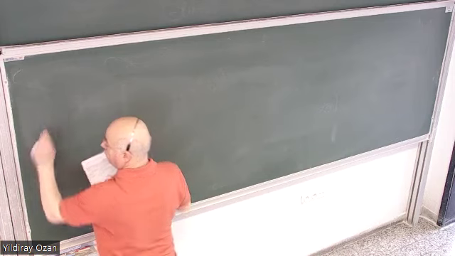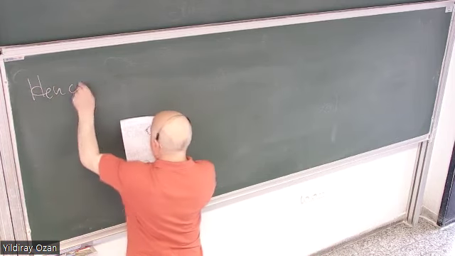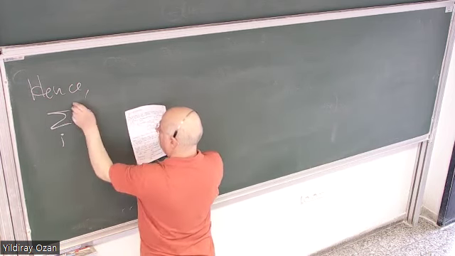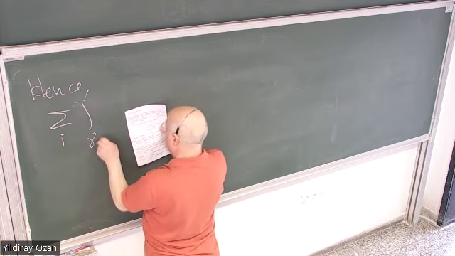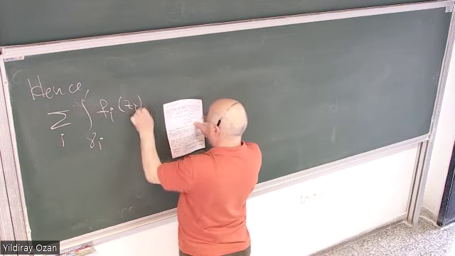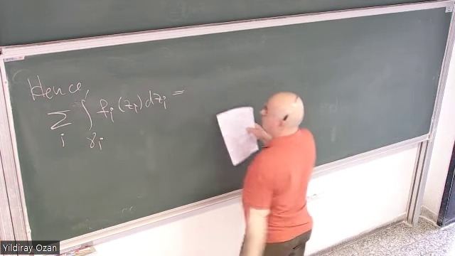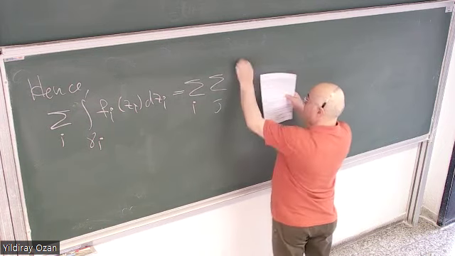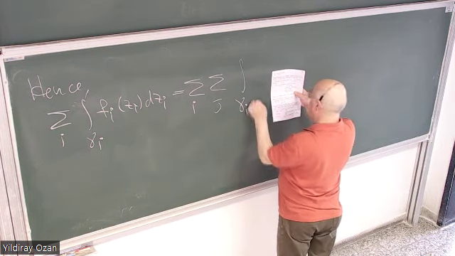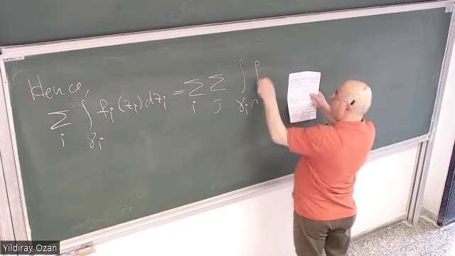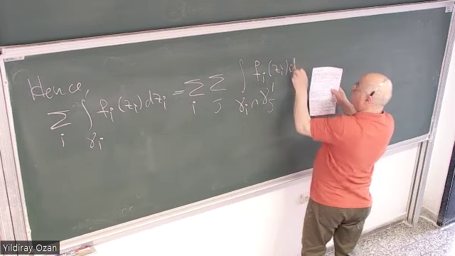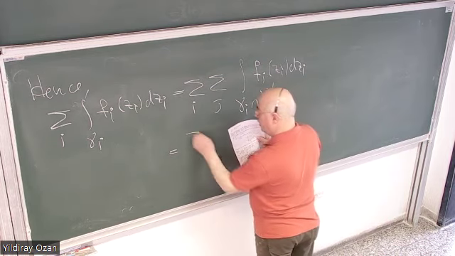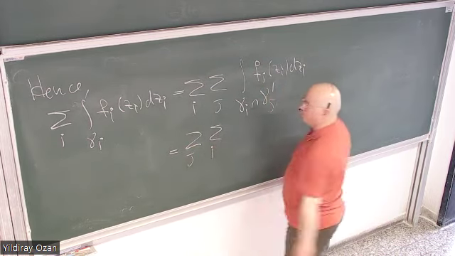Hence, I have this summation of f_i(z_i) dz_i over i, and then j, the integral over gamma_i intersection gamma_j' of f_i(z_i) dz_i. I can interchange these two summations.